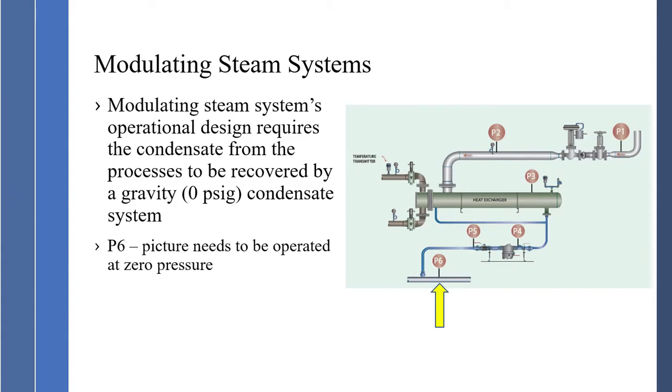Therefore, in this system here, P6 down here needs to operate at 0 psig, because if this valve modulates up and down and P3 has a very low pressure of 3 psi, then P4 could be very low, close to 1 psi or below. To get proper drainage, P6 has to be at 0 psig.